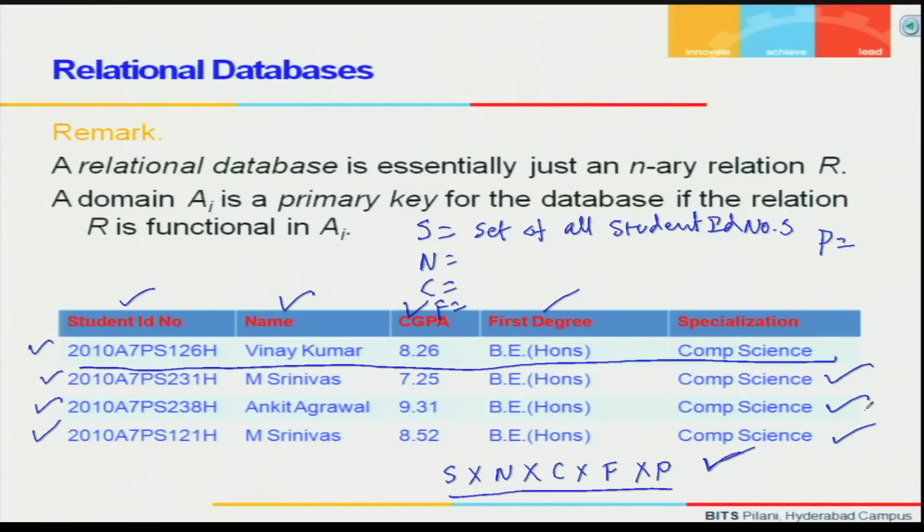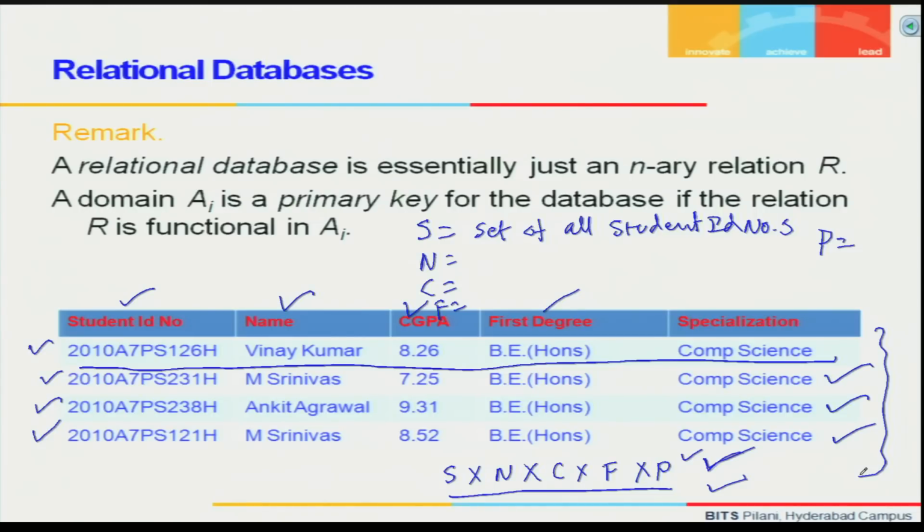If I really consider the Cartesian product, there will be a tuple also in the Cartesian product like this number and M Srinivas 7.25 BE honors and computer science. This tuple is also going to be there in this Cartesian product, but it doesn't really convey any message. I will put the relation that I will consider a tuple here only when it actually corresponds to a student. Then I will get 4 records here, 4 tuples over here.